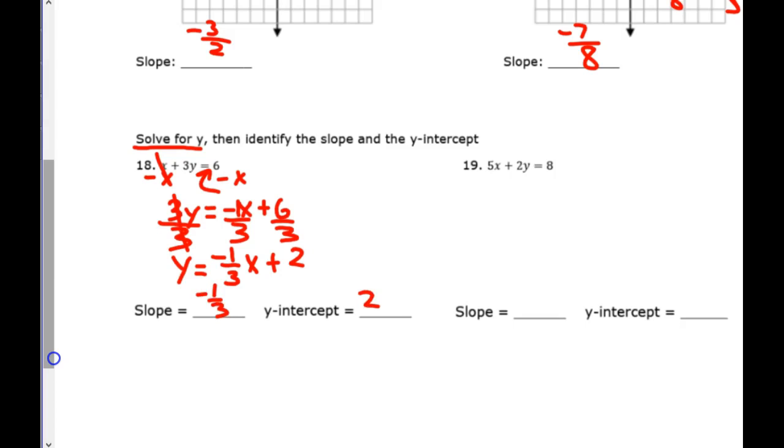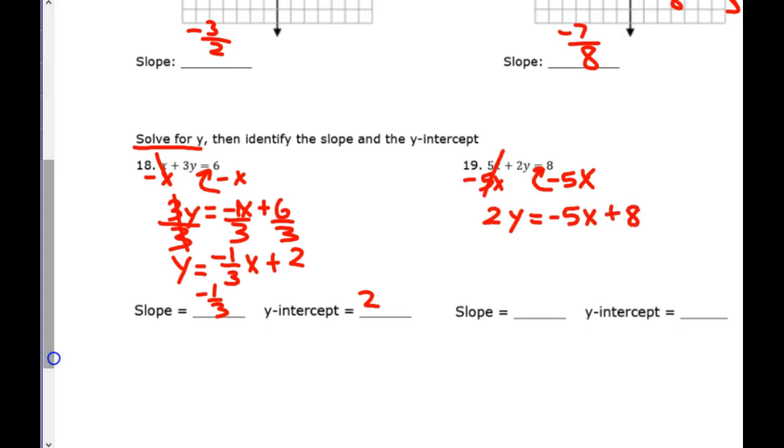Same thing over on 19. Get rid of the 5x by minus 5x, and please remember to put it in front. Don't do 8 minus 5. Don't write 3. Bring down 2y equals negative 5x first, plus 8 second.